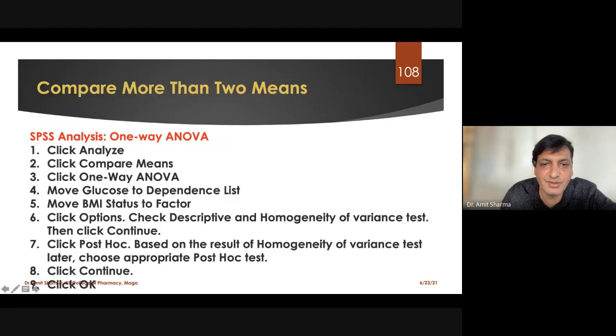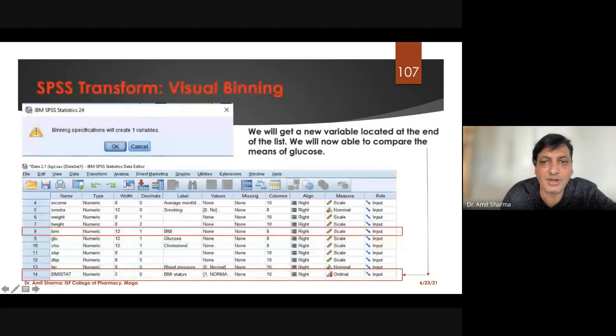Clear? So whenever you have a categorical variable now, you are ready for the ANOVA, because the independent variable is now available in the form of category as a new variable BMI stat. So you are not going to use the BMI which is given on serial number 8.